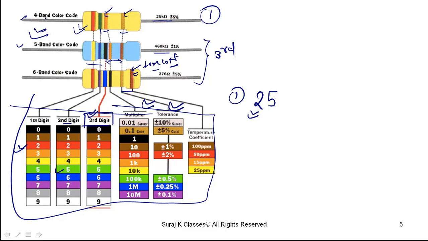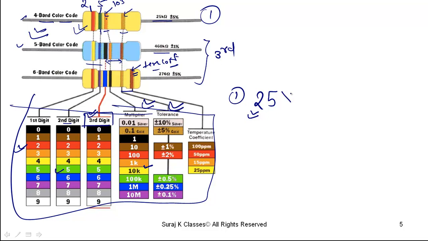So now we are here on the 4-band color code resistor. This red is representing 2, green is representing 5, and this is for the multiplier. As I already told you, 4-band resistors are not offered with the third digit. This one is orange, so the multiplier is 1k, that means 10 raised to 3.